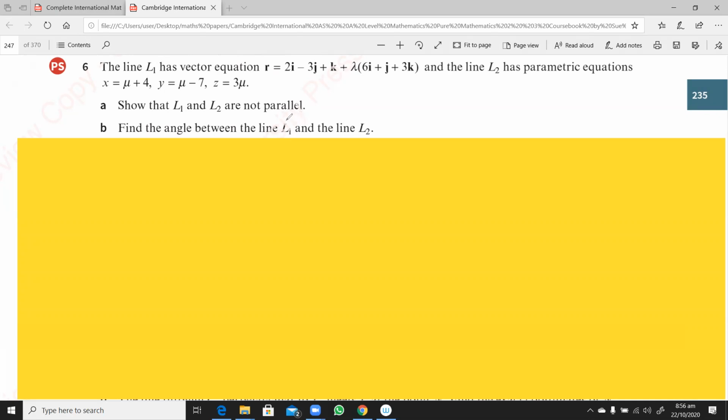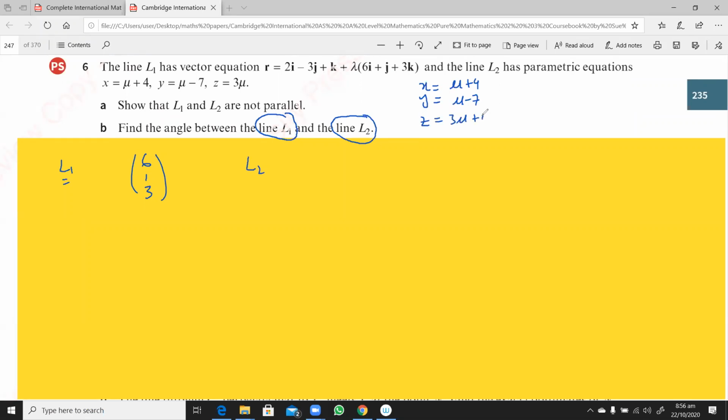When you have to find this angle, you are purely interested to know what their direction vectors are. From L1, you have the direction vector, which is 6, 1, 3. And from L2, you see this equation, which is x equal to mu plus 4, y is equal to mu minus 7, and z is equal to 3 mu.